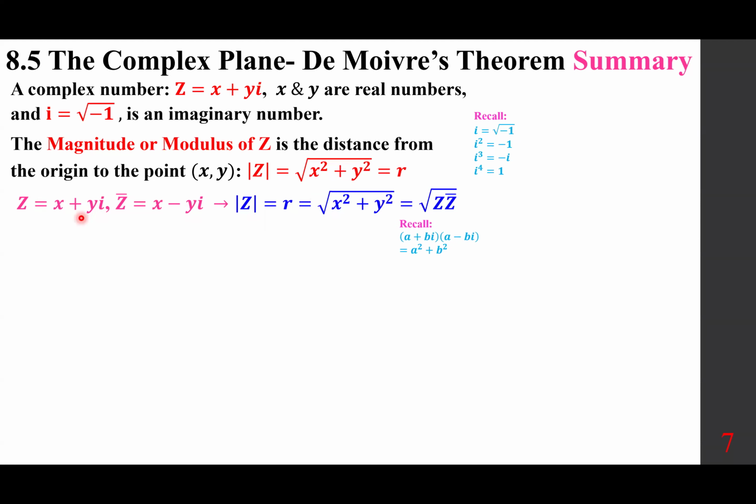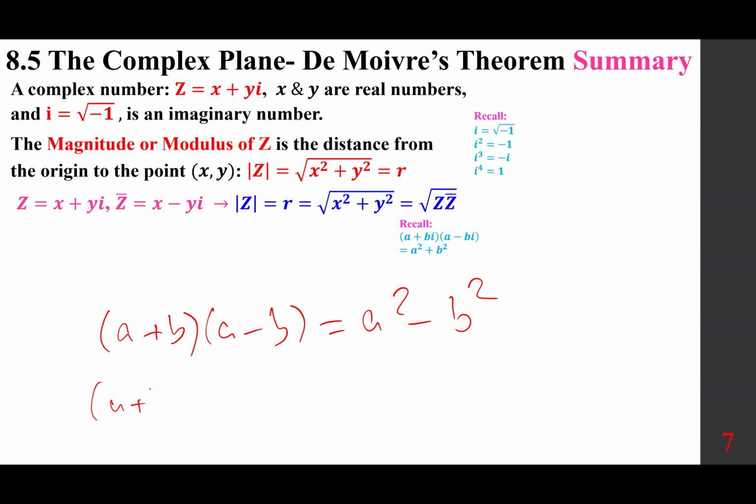And I remind you that a plus bi times a minus bi is a squared plus b squared. Again, recall that a plus b times a minus b is a squared minus b squared.